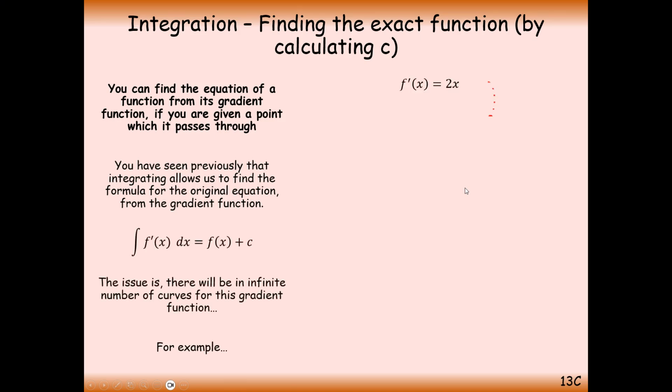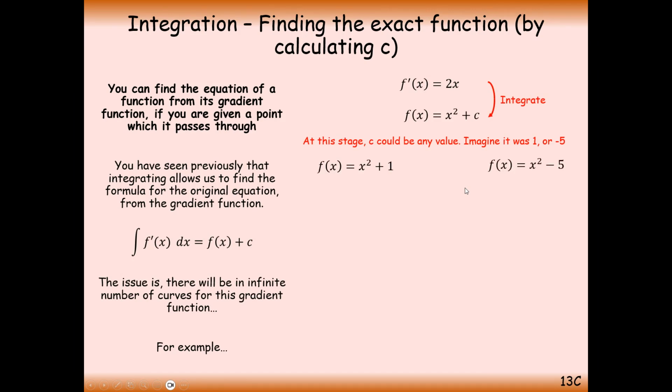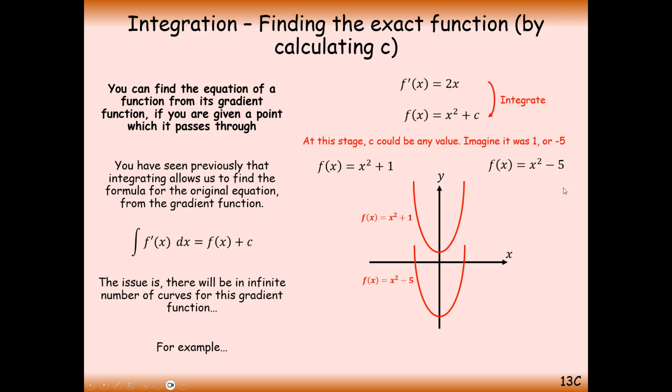So we said that if you had differentiated either of these functions here, you would have ended up with 2x. No matter what, the derivative of x squared plus 1 and x squared plus 5 would both have given you 2x.